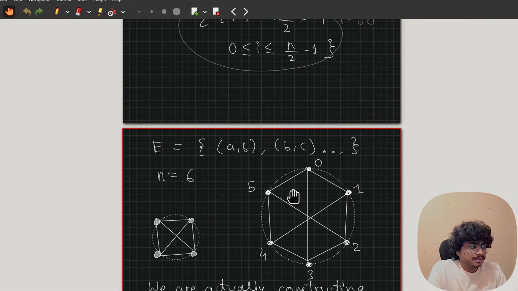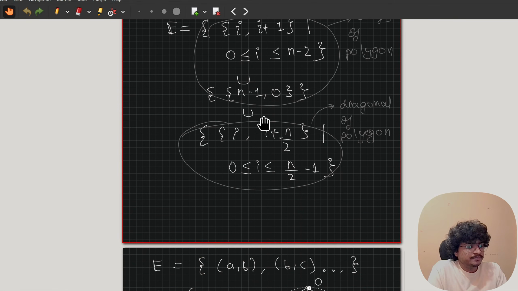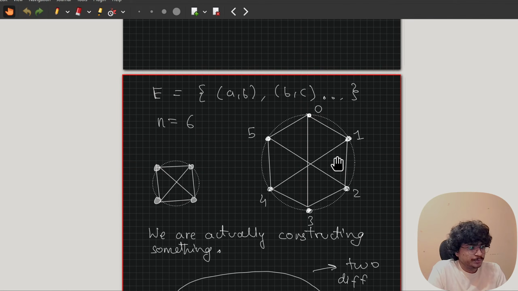Then finally, we have to make the set of all diagonals. To do that, you take the ith node and i plus n by 2, and it will eventually give you the node and its opposite node.